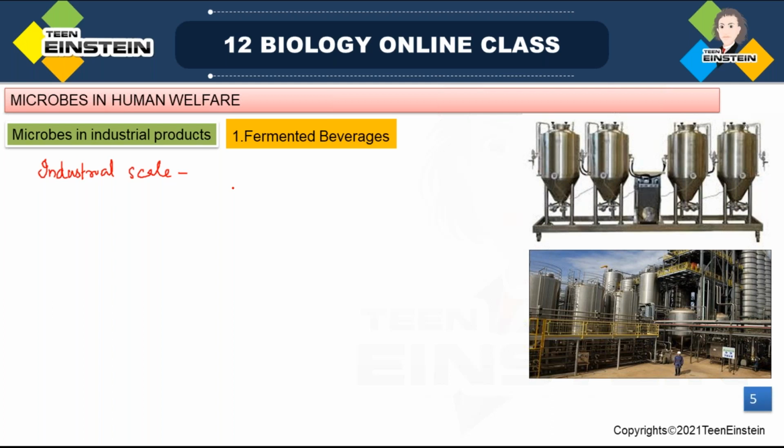So those vessels are called fermenters. Microorganisms can be grown in large vessels, and these large vessels are called fermenters.